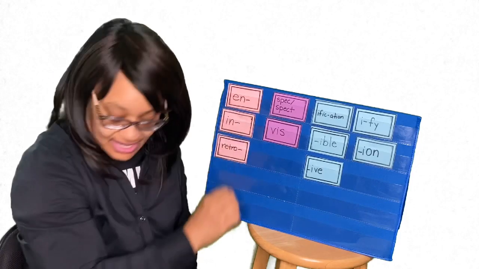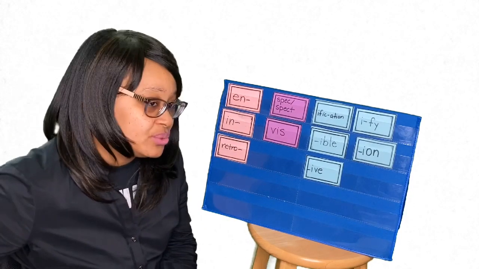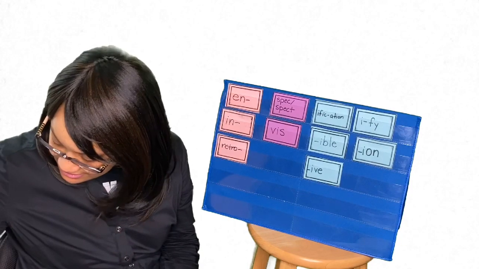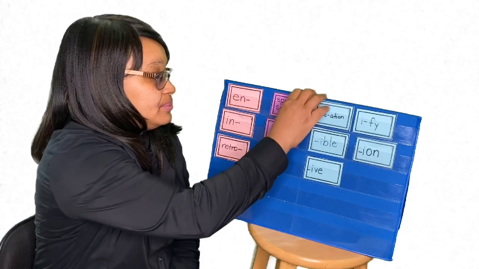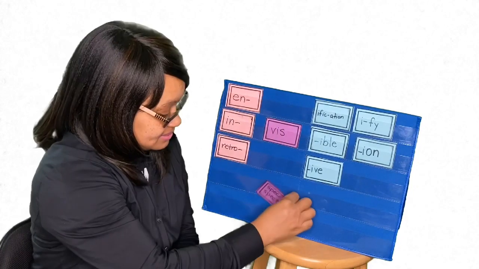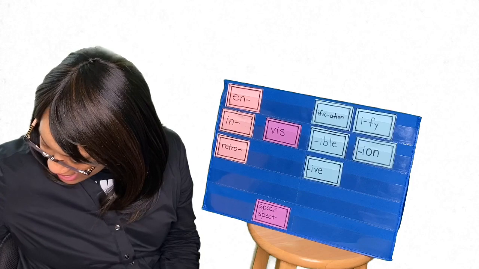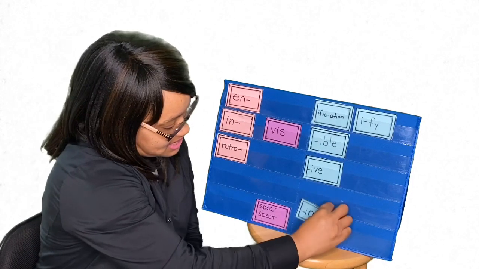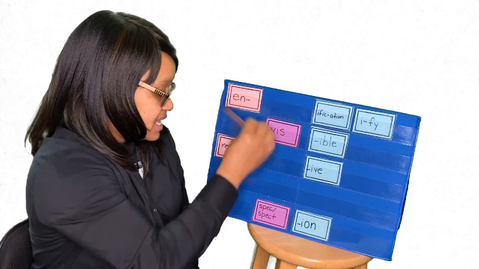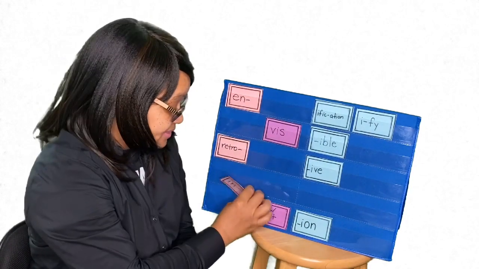Okay, let's try another one. The act of examining or reviewing. So let's see. We said spect was examine. And they want us to do the act of, so we need an ion and an in, because we have to look into if you're examining.